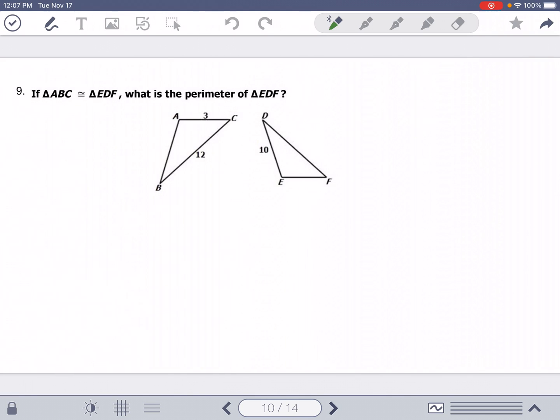Problem number 9. If triangle ABC is congruent to triangle EDF, what is the perimeter? Ooh, there's a word we haven't used for a while. Perimeter of triangle EDF. All right, let's do a quick flashback.